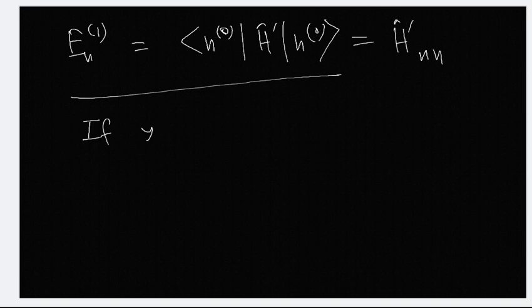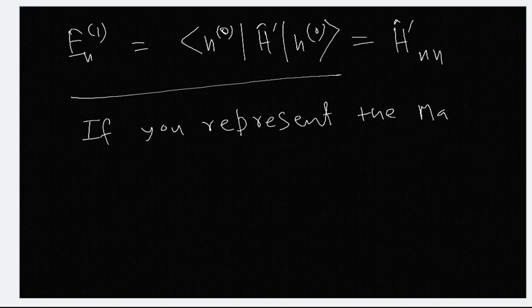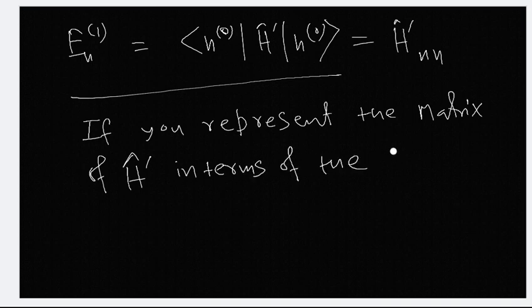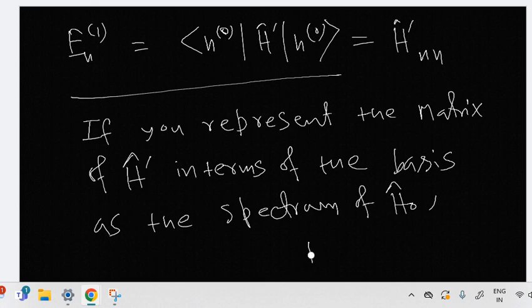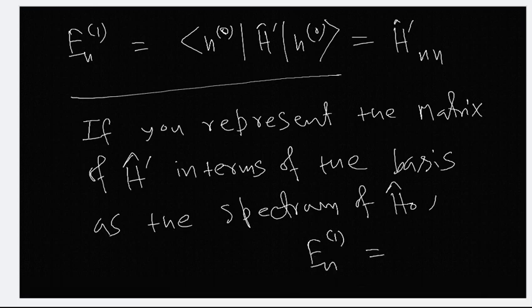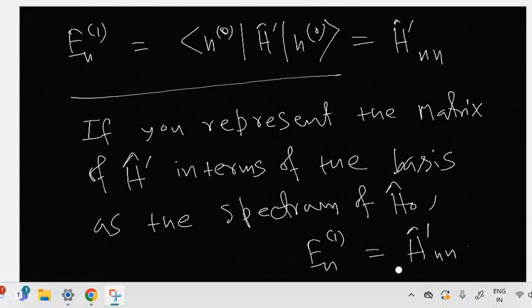If you represent the matrix of H' in terms of the basis as the spectrum of H0, spectrum of H0 meaning the unperturbed spectrum, then the first order correction in energy eigenvalue is the nn matrix element of the perturbing Hamiltonian.